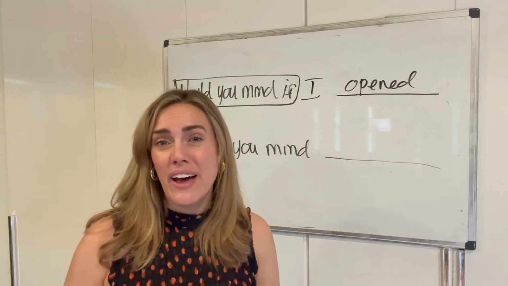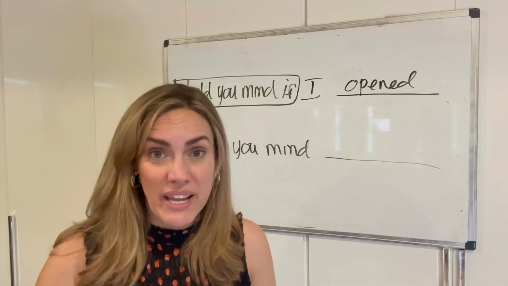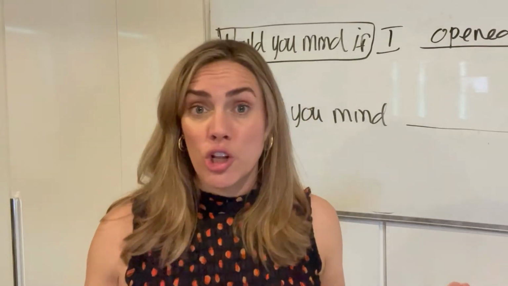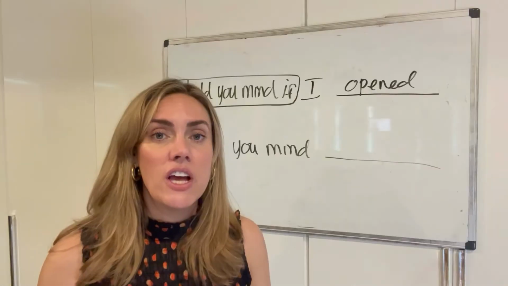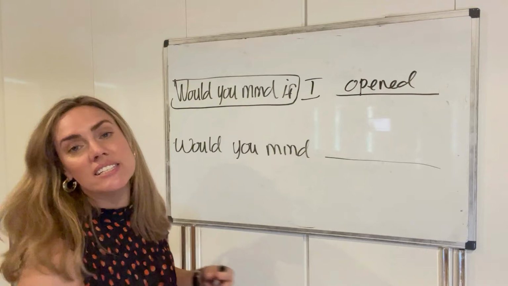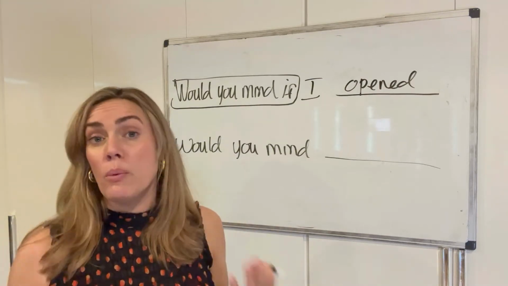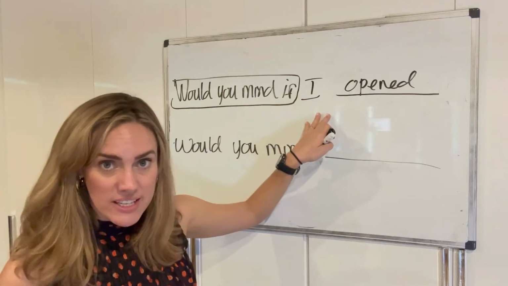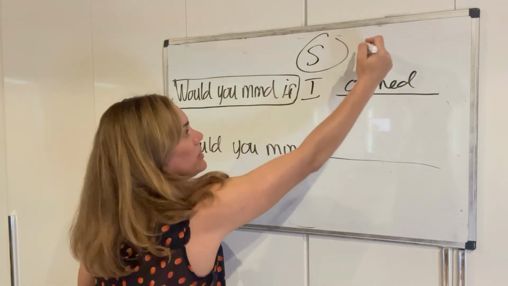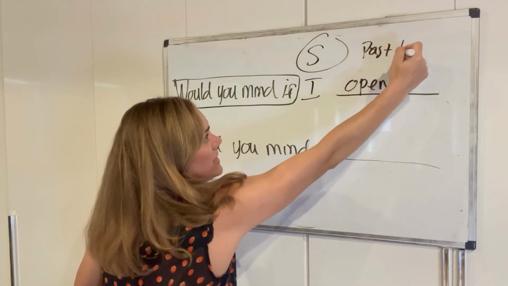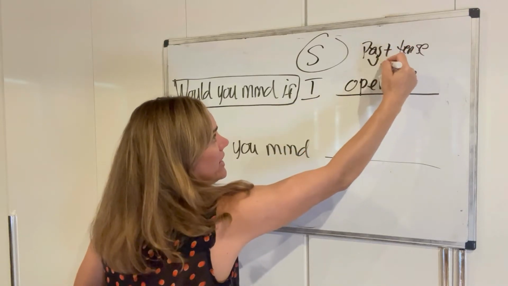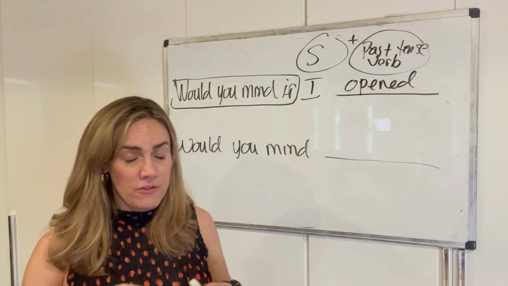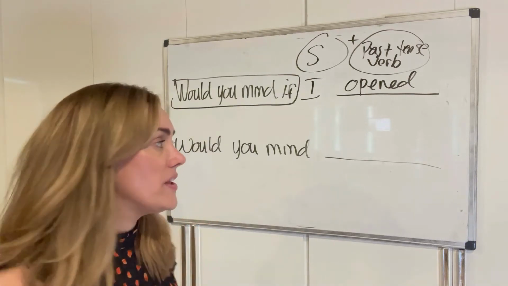Would you mind if I borrowed your pencil for a second? Would you mind if I closed the door? So this is actually asking for permission, but I'm using would you mind if plus a subject plus the past tense of any verb. That's what you need over here, okay, for asking permission.